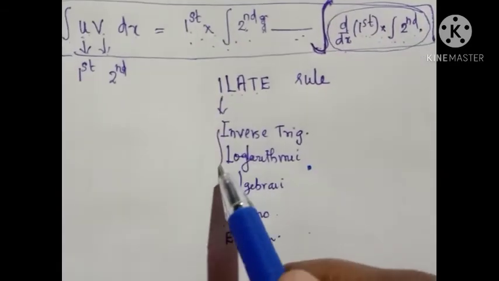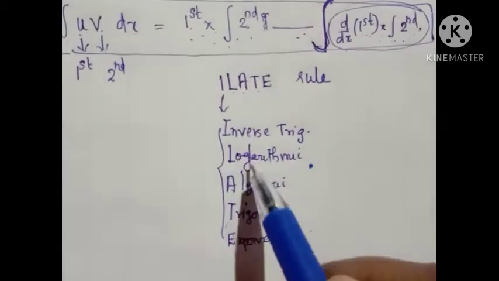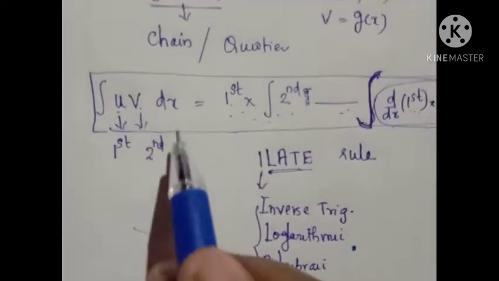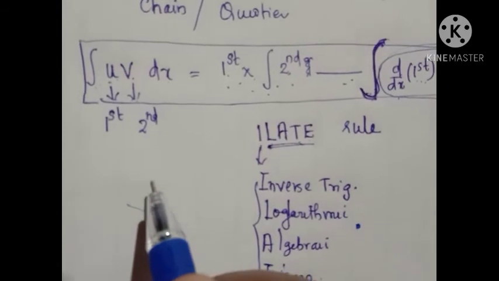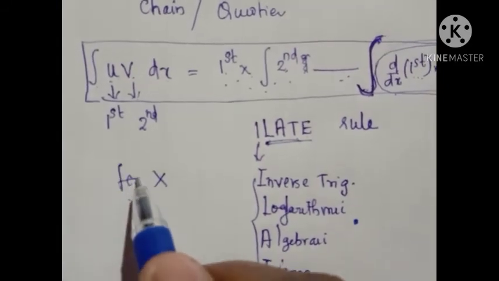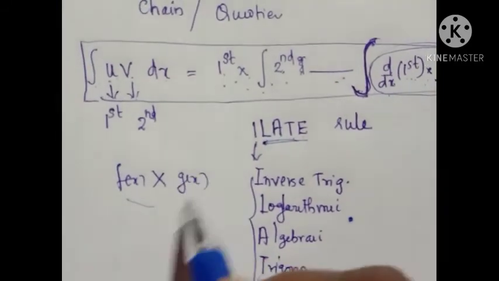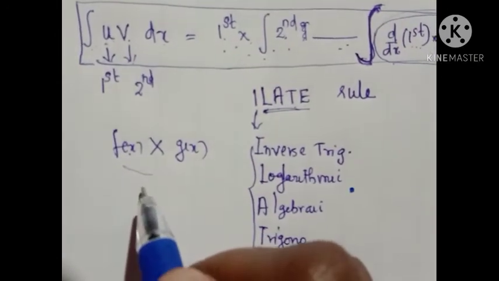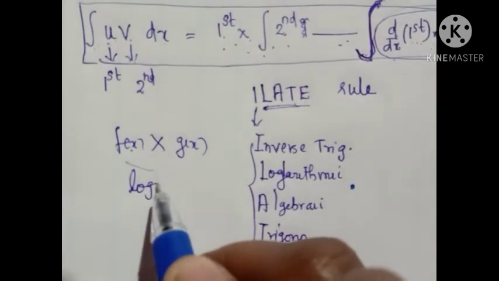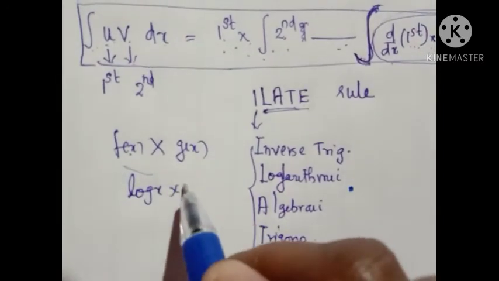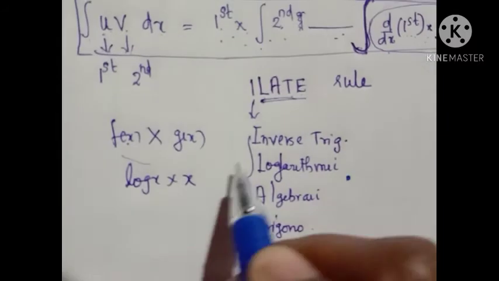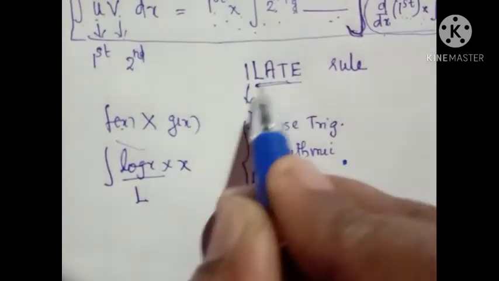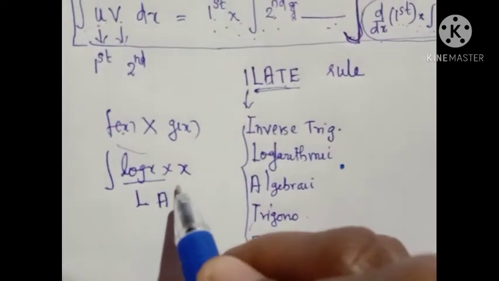In integration by parts, we need to follow the ILATE rule because we have a product of two functions. Suppose the first function is log x and the second function is x. We can directly integrate, because the first function is logarithmic and the second is algebraic.